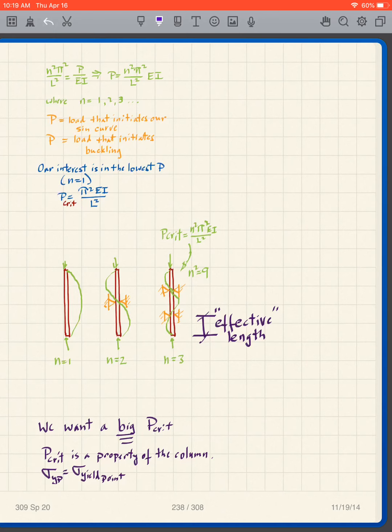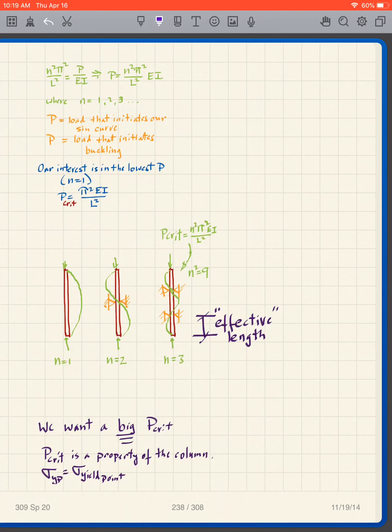What do the n's mean? Now, just to let you know, n equals 1, we get the buckling shape that looks like that. N equals 2 is going to give us this. And here I've shown some constraints to make it do that.